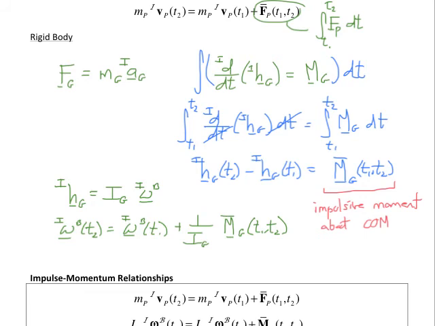And so we see here that when we apply an impulsive moment about the center of mass, we're changing the angular velocity of the rigid body. And this will only be in one direction. We only have an E3 or a B3 direction, what we typically define as out of the plane, because we're in planar motion. So we're only changing the magnitude of the angular velocity. But notice that we're changing the magnitude of the angular velocity as observed in the inertial reference frame.